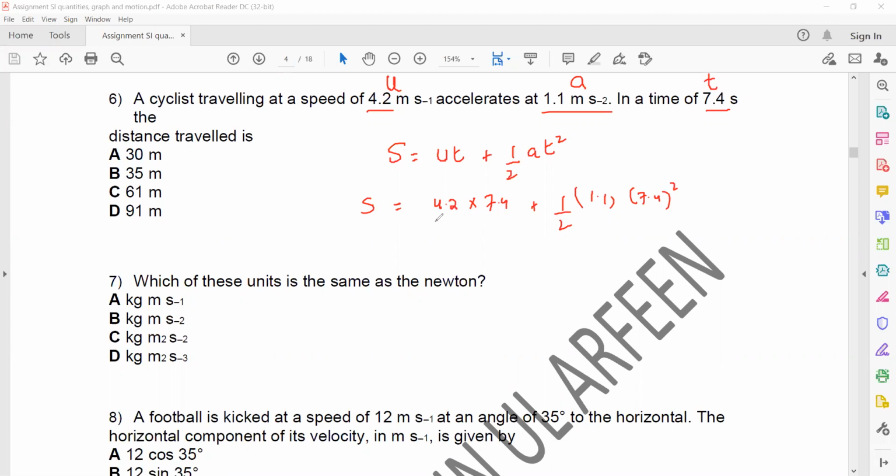So 4.2 into 7.4 and then half into 1.1 into 7.4 whole squared. This will come out as 61 meters. So C is the right answer.